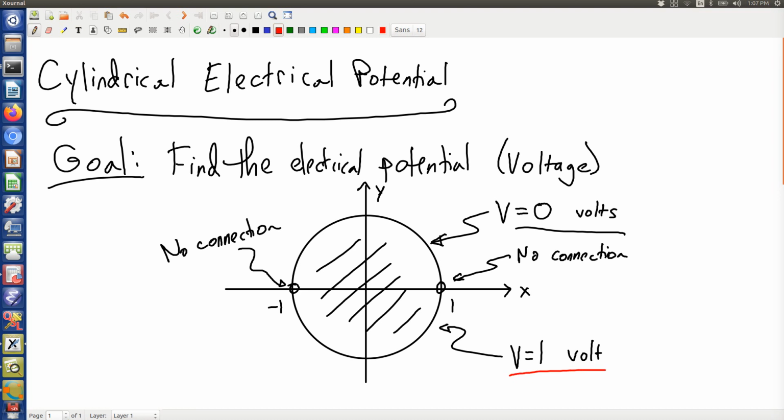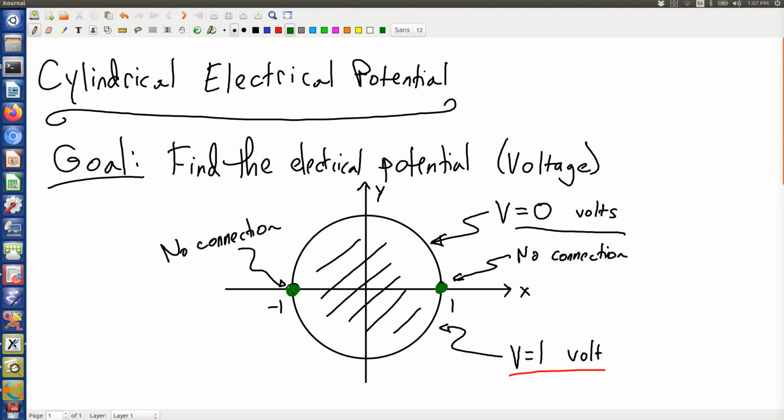Of course, in reality, it might be larger. And there's no connection between the two, so at each of these points here, there's no connection, which is to say that the electrode with 0 volts and the electrode with 1 volt are not touching at that particular point.